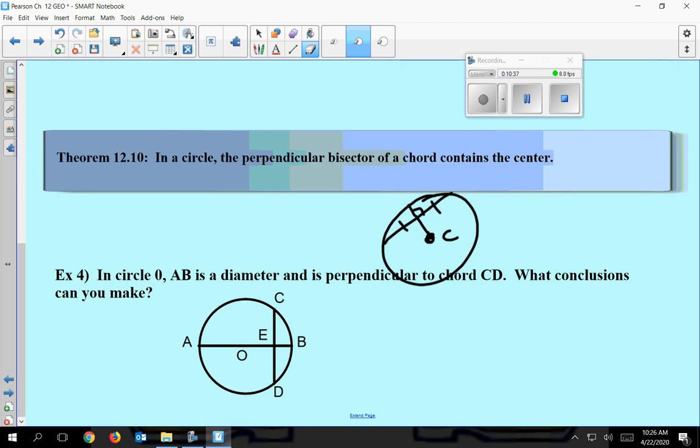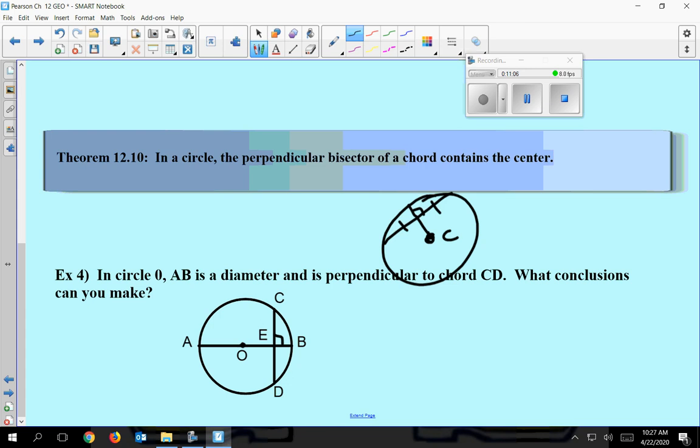So coming down here in the circle O, AB is the diameter, so that means it's going through the center, okay? And it's perpendicular to the chord, so let's show it. What conclusions can you make? Well, first off, if I go back to my rules, it's perpendicular. They told me that. But it also bisects the chord.